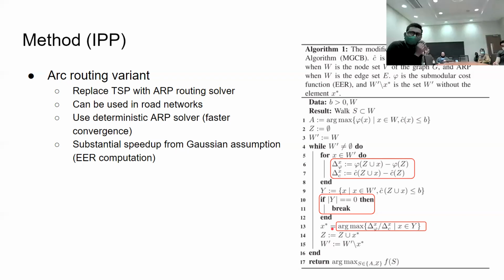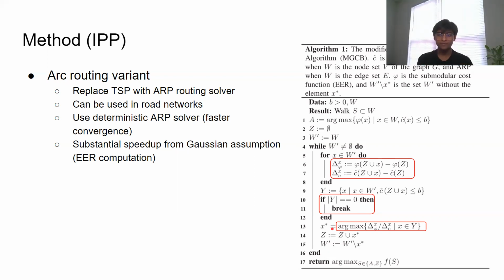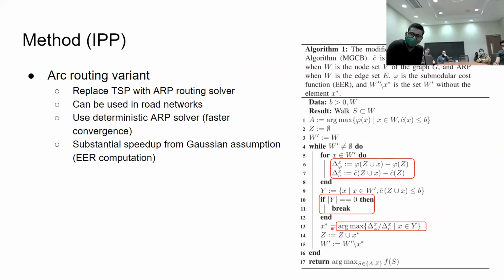Can I ask a couple of questions? Of course. Yes, please. You may not have to answer it all now. We can discuss at the end of your talk, but the way the algorithm is written, it seems like a greedy algorithm that picks the highest cost and it keeps going on. I do understand that a submodular function has this greedy property that you are at least 70% close to the optimal solution or something like that.